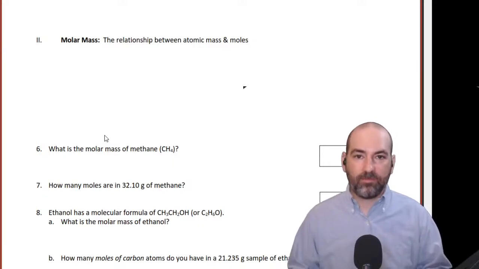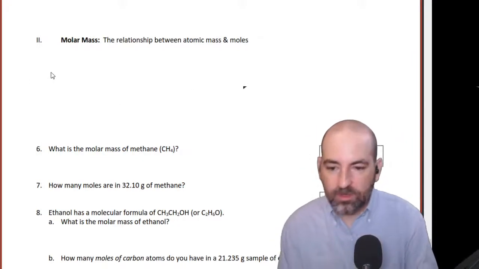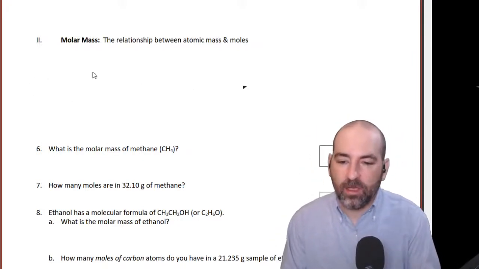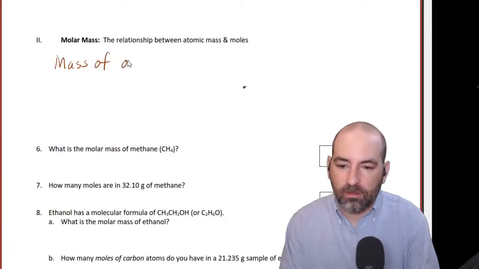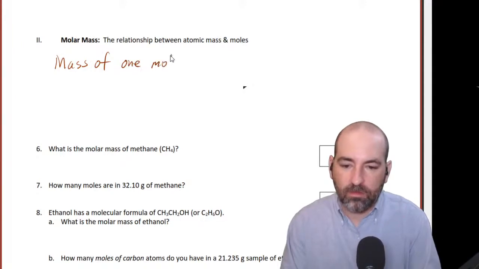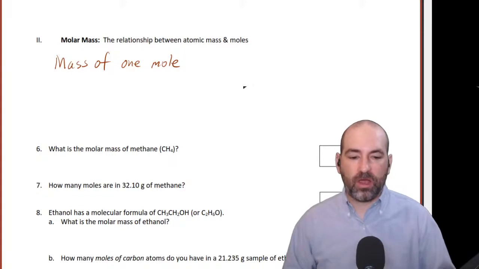We weigh them, we look at how much an individual mole would weigh, and then we do some division to figure that out. So to find the molar mass, which is the mass of 1 mole, we can actually use the periodic table.